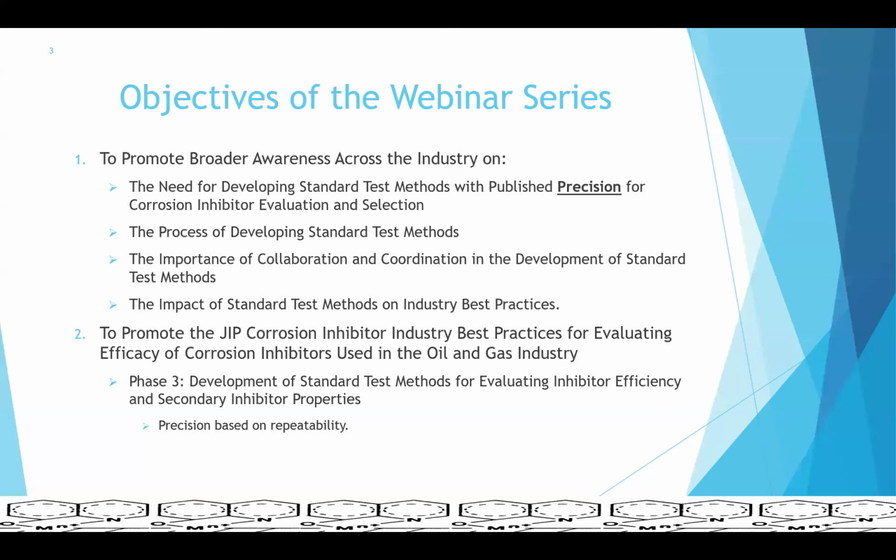Currently, we are embarking into phase 3 of the JIP, which is the development of standard test methods for evaluating inhibitor efficiency and secondary inhibitor properties. Essentially, development of precision statements based on repeatability. We'll talk more about this definition of precision and repeatability a little later in this webinar.